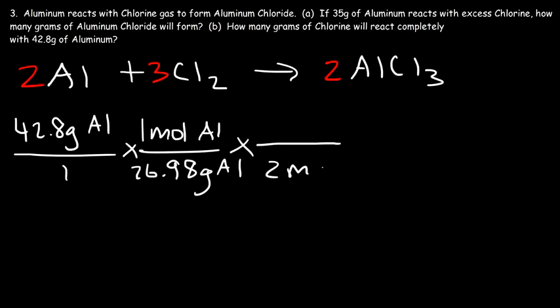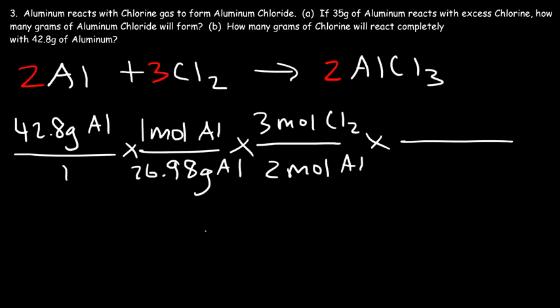So for every 2 moles of aluminum that reacts, 3 moles of chlorine gas reacts with it. Now we need to find the molar mass of Cl2. It's going to be 35.45 times 2, which is 70.9. So 1 mole of Cl2 is equivalent to 70.9 grams.